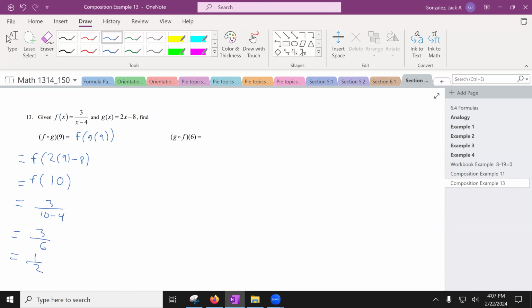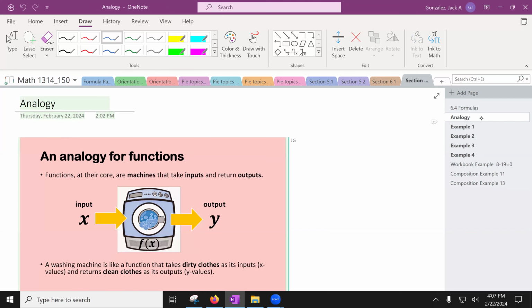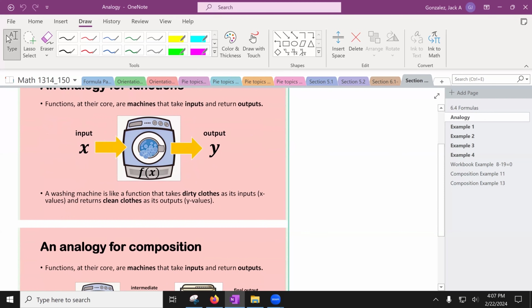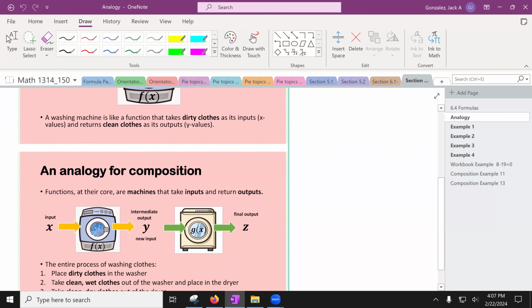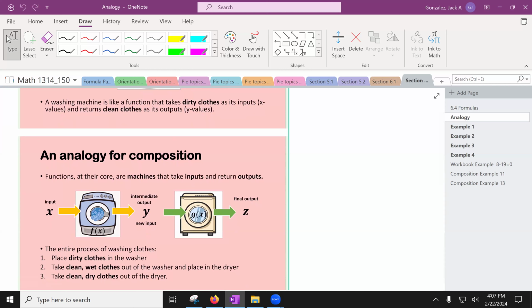Okay. So here's the analogy for composition. Basically, you have two functions happening at the same time. The first function takes your input, kind of like a washing machine, washes it, gives you wet, clean clothes, and then it goes to another function, dries it for you, final output, dry and clean clothes.